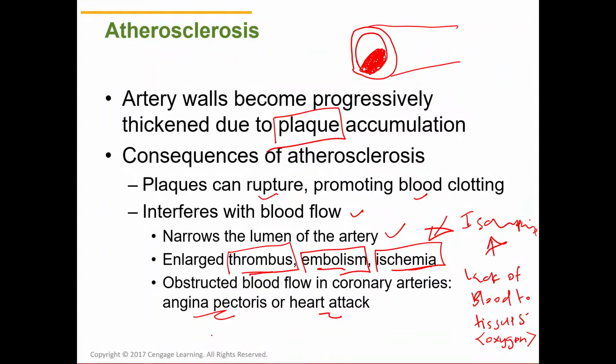Angina pectoris is what we commonly call chest pain. Angina pectoris is chest pain. So when the atherosclerosis plaque affects the coronary arteries, and as I said, the coronary arteries are the arteries that supply your heart with blood.